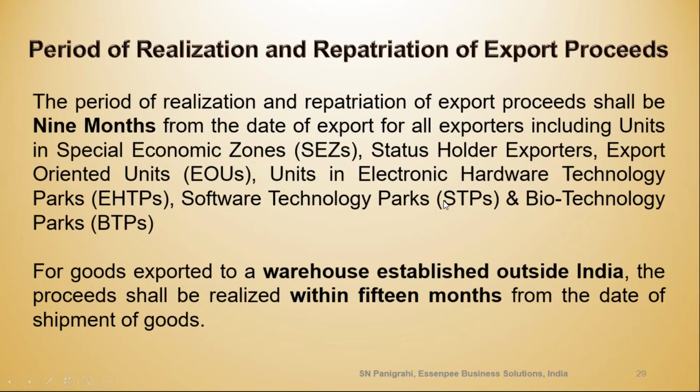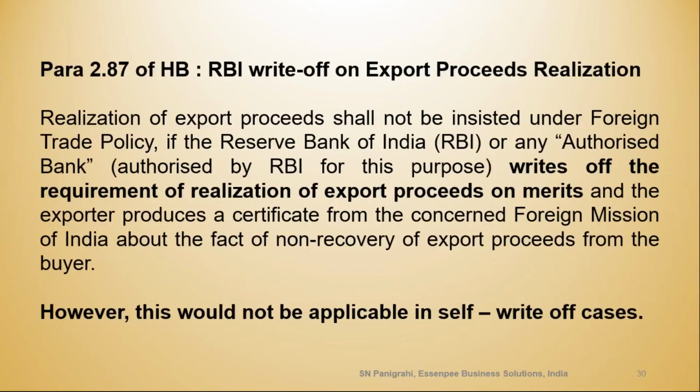This realization we have already discussed. Write-off provisions are also there, for bad debts. Suppose you have exported something, and there are certain external reasons, not between the seller and buyer, meaning exporter and importer, but external factors like country risk. You have not taken even ECGC cover, and you are not getting any of the payments because of the country risk.